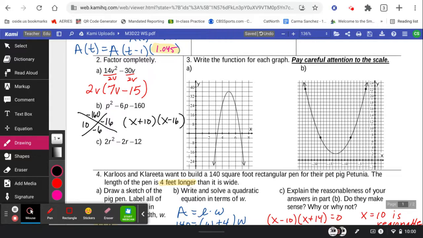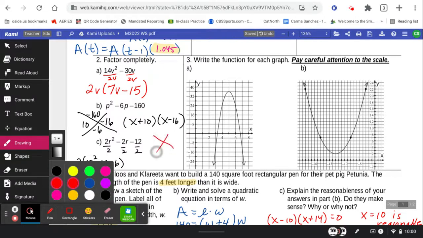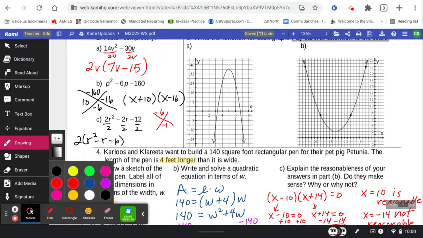On this bottom one, notice there's a greatest common factor that needs to come out first. So 2, leaving me r squared minus 1r minus 6. And then we go, hey, can I factor the back still? And we can. What times what makes negative 6 and subtracts to give me negative 1? So 3 times 2. Give that one the negative.